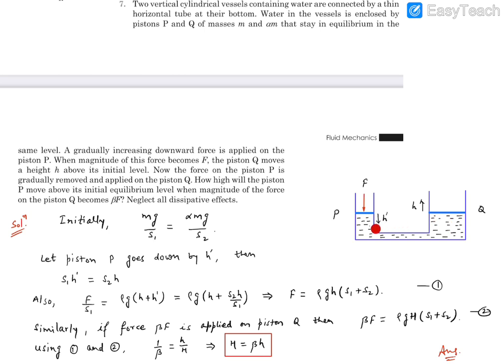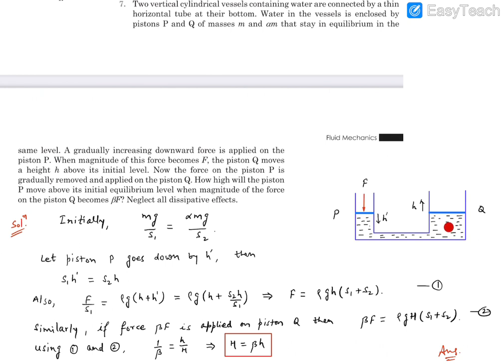Now you'll find that initially they were at the same level. So we can think that the amount by which the pressure changed on the left side will be the same as the amount by which the pressure changed on the right side. The extra pressure on the left side, just below the piston, is F divided by S1.